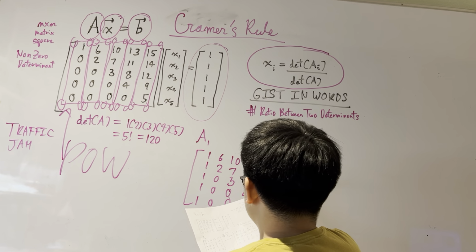Now, if you use whatever favorite algorithm you want, in this case, for me, it's Gaussian row reduction, I actually put it into a calculator and put it into an upper triangular form.